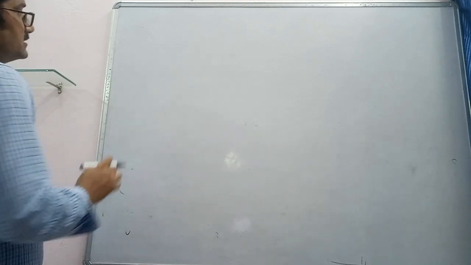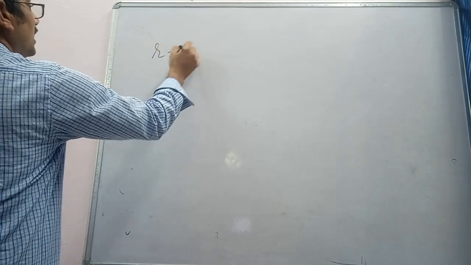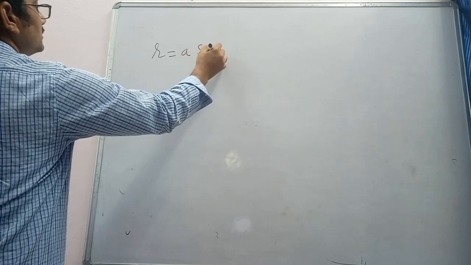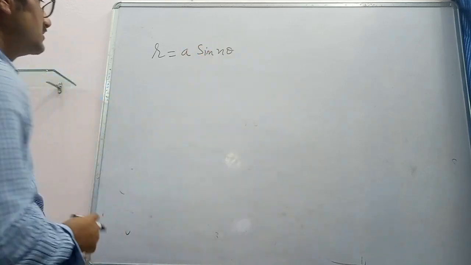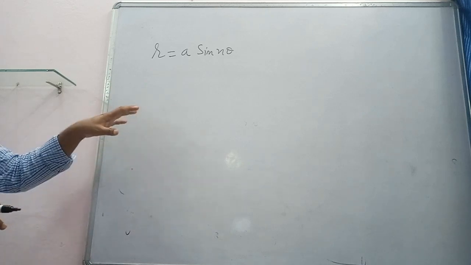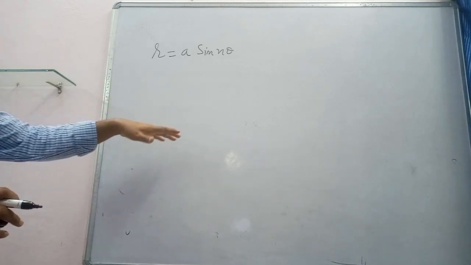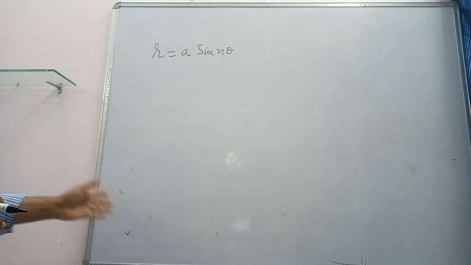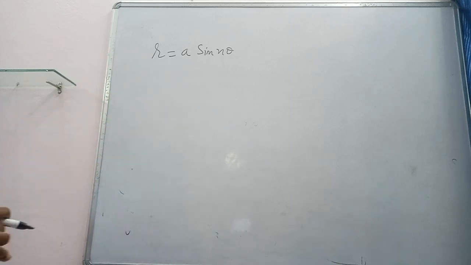So friends, if the curve is r is equal to a sine theta, for example, this is not symmetric about the initial line, so we will consider all values of theta from 0 up to 360 degree.